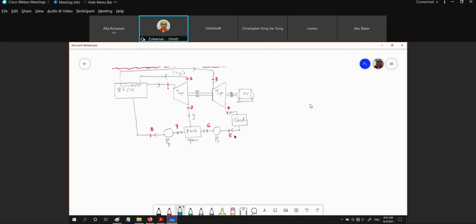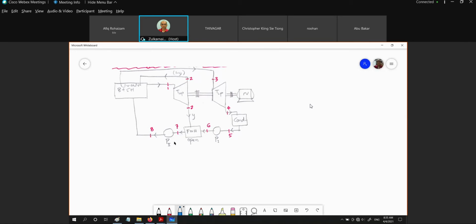And then coming out from the condenser, at 5, we are going to increase the pressure from 5 to 6. And this 6 pressure is equal to pressure of 2. And then what is coming out, right, the mixing of these two flows from the condenser and the bled steam, and coming out at 7.